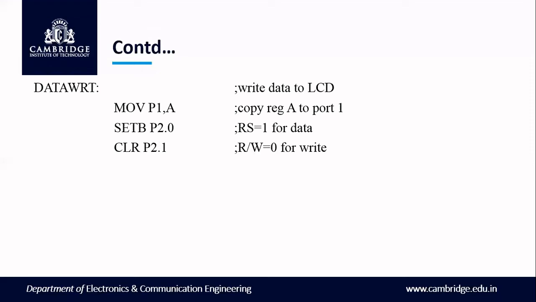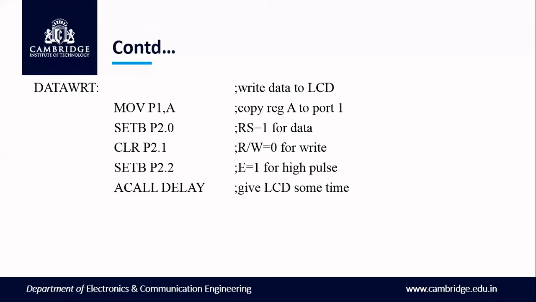So clear P2.1, you are doing a writing operation, and you are setting P2.2, you are enabling the LCD for displaying this character. Then call delay, wait for some time, then clear P2.2 for the next round. So it will go back to the main program, and the instruction following the call subroutine will be executed.